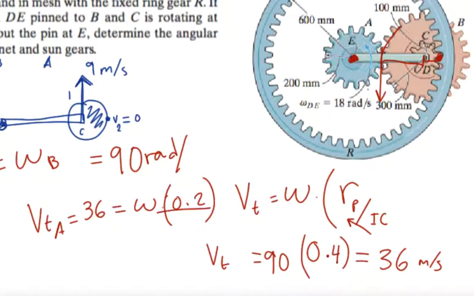Once we divide both sides, 36 divided by 0.2 is 180. Therefore omega is equal to 180 radians per second, and that omega is omega A. And that's it.